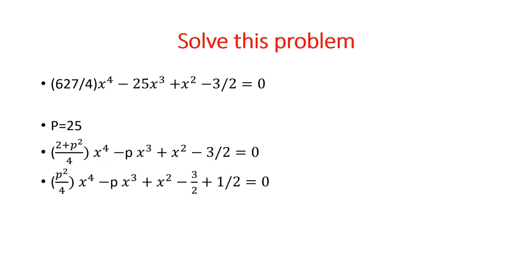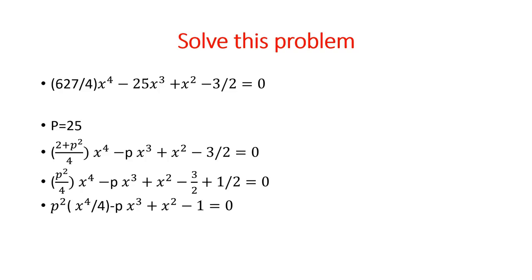My next step is just to write this term as P²/4 plus 2/4, or 1/2, and I'm going to write 1/2 in here. And finally, this changes to P²x⁴/4 minus Px³ plus x² minus 1.